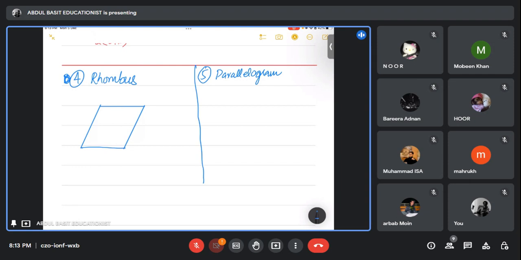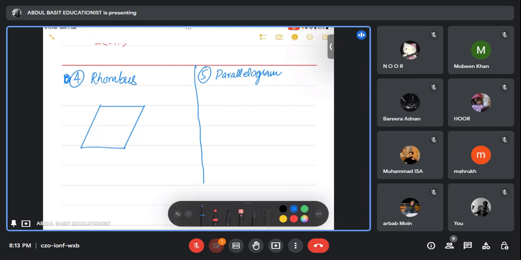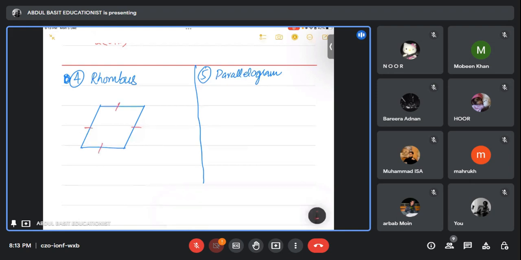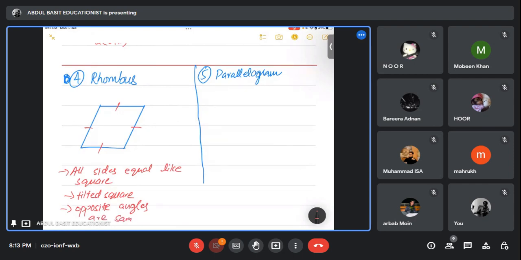Like a square, it has all sides equal. So all sides equal like a square, and it is a tilted square, and opposite angles are the same.